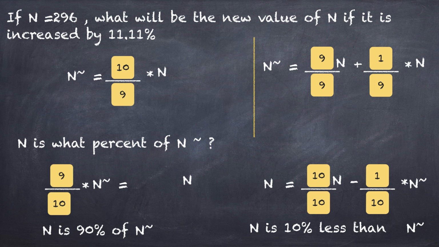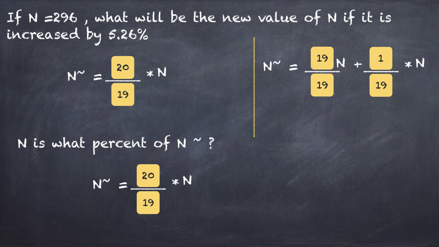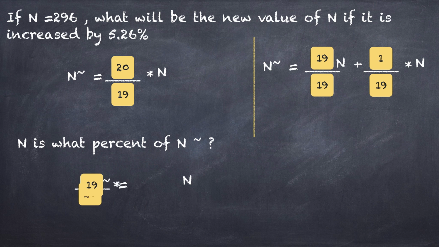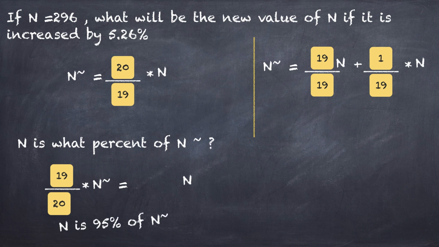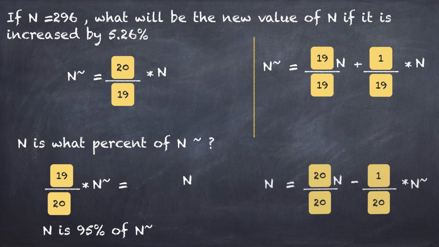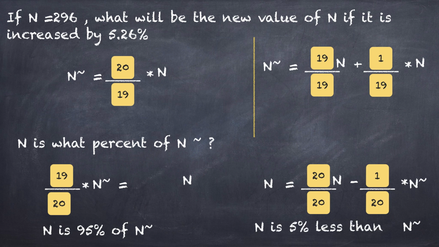If you know that n is 90% of n dash, you know n is 10% behind n dash. I leave this particular example for you to work out and see if you can understand the interpretation or not. Once again, in the second equation, the n should be n dash.